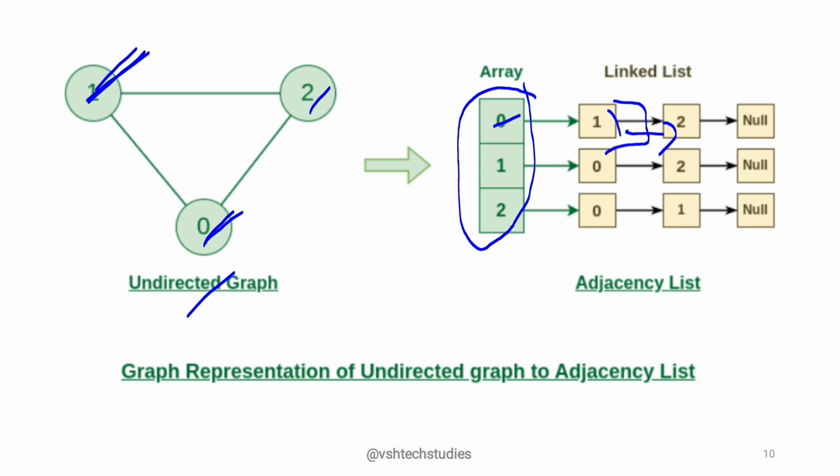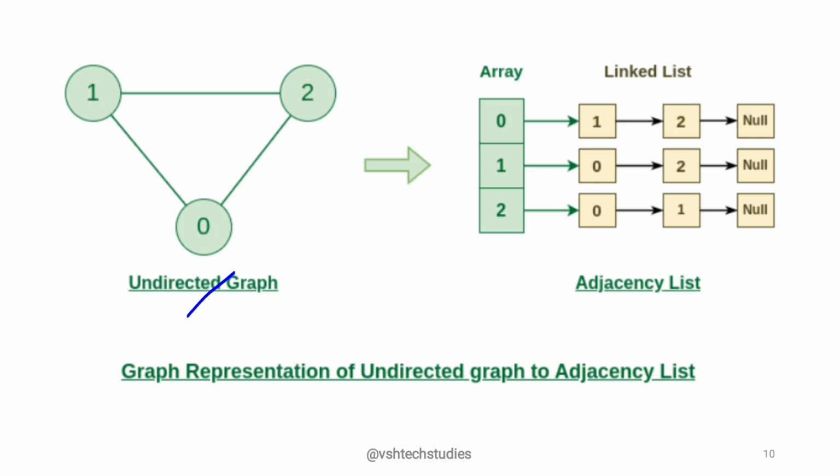There the address of node 2 is stored because node 2 is also adjacent to 0. Here one more memory location will be there with 2. There null is stored because only 2 elements, that is 1 and 2, are adjacent to 0. Hence only 2 elements are included in this linked list which corresponds to vertex 0.